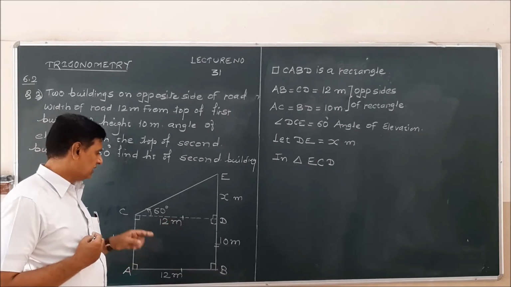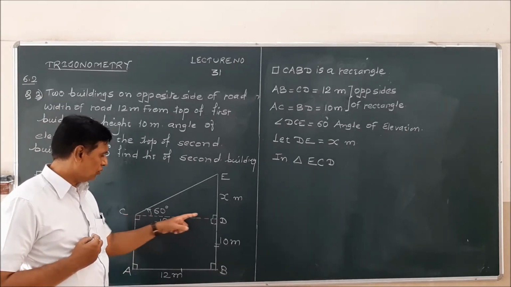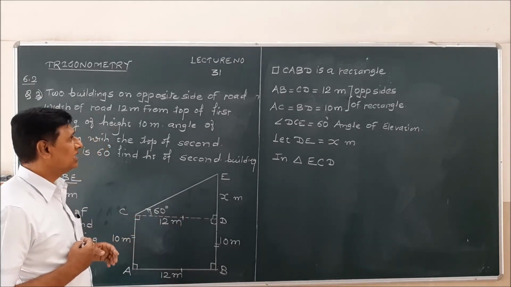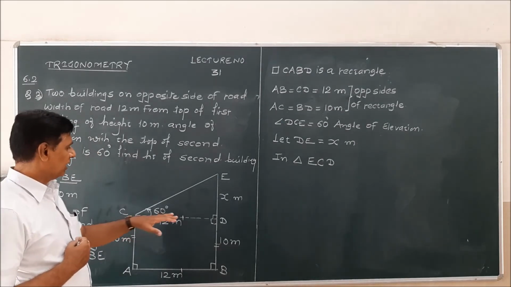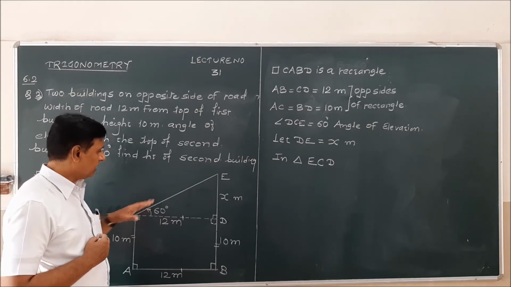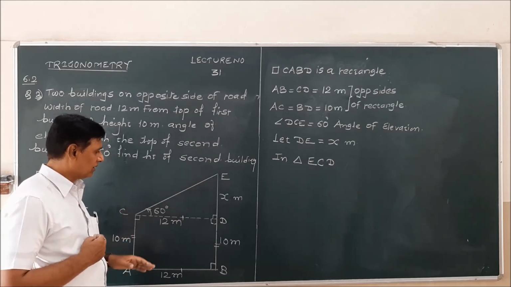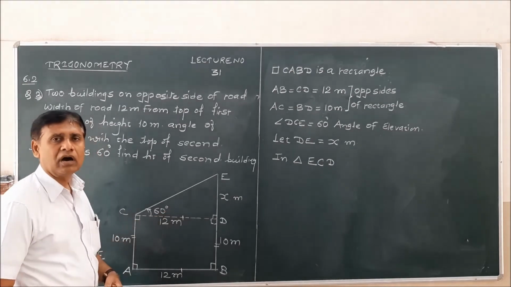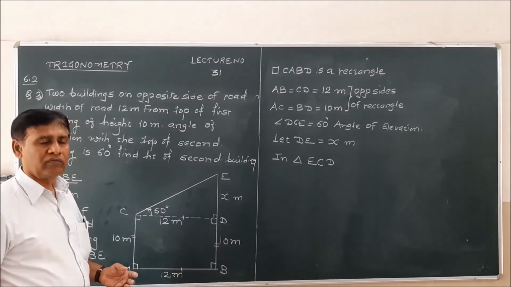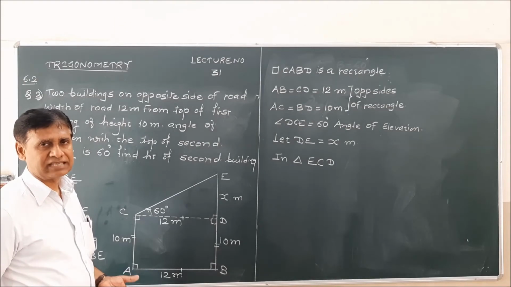We know CD. CD is adjacent to point C. C is the position of observer. From here he looks at the top E. So here we know the adjacent side and we have to find out the opposite side. So we have to use the tan ratio.